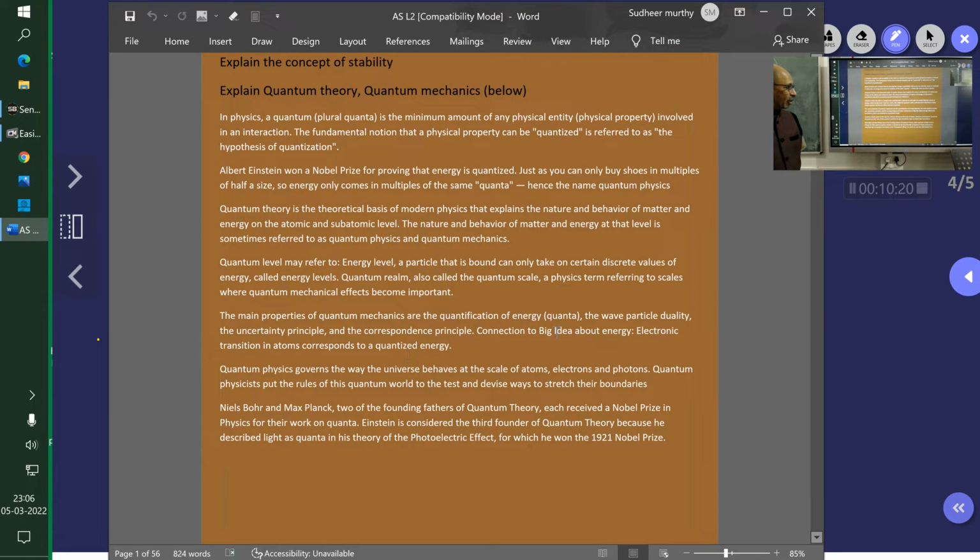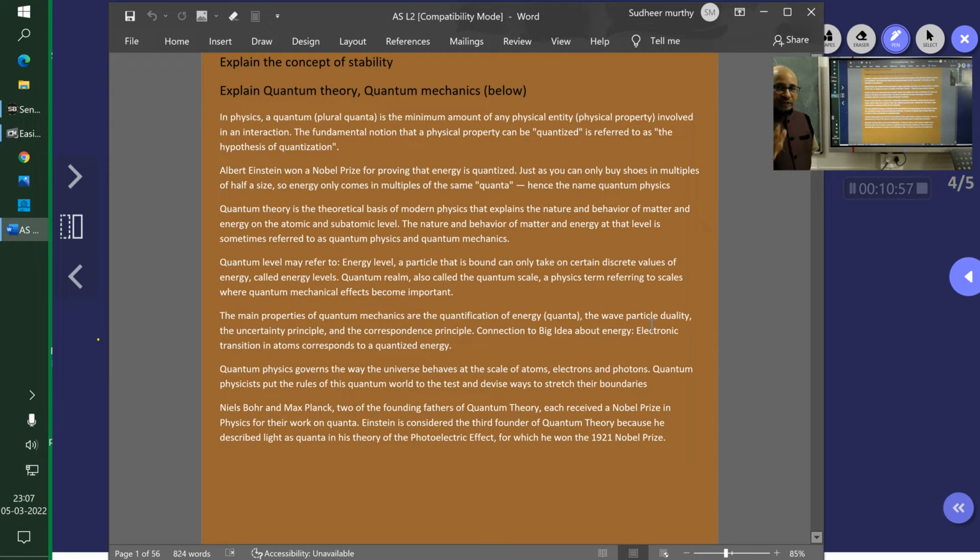The main properties of quantum mechanics are the quantification of energy and the wave-particle duality, which will also be explained by this quantum theory. That is, in some contexts we can say an electron is a particle, and in some contexts we have to say the electron is a wave, or a wave function to be more specific, because some phenomena can be explained by considering the electron as a wave, and some phenomena can only be explained if you consider the electron as a particle.